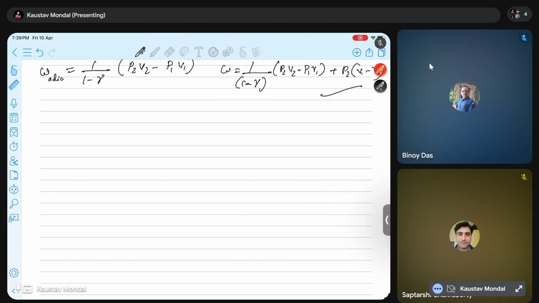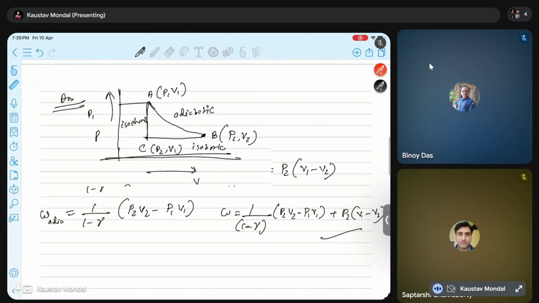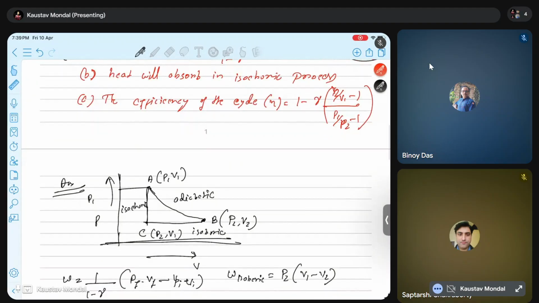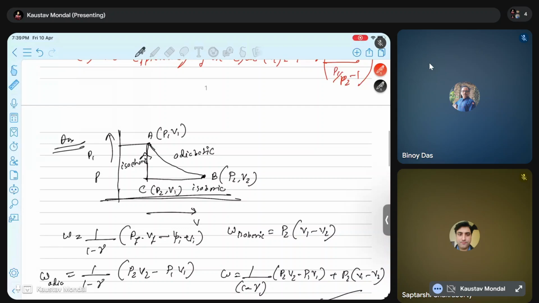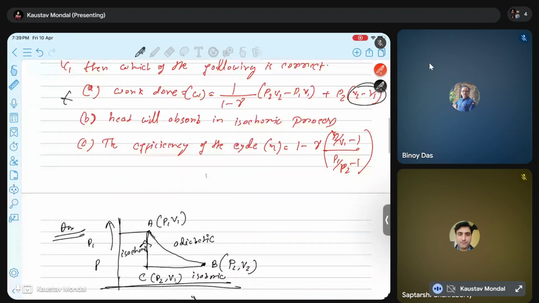Next, during the process CA, whether heat is absorbed or not. This CA process is isochoric. During this CA process, you have to check whether the heat is absorbed or not.